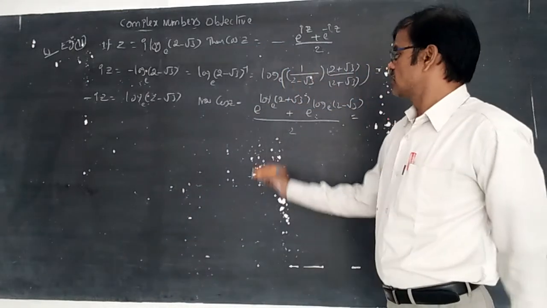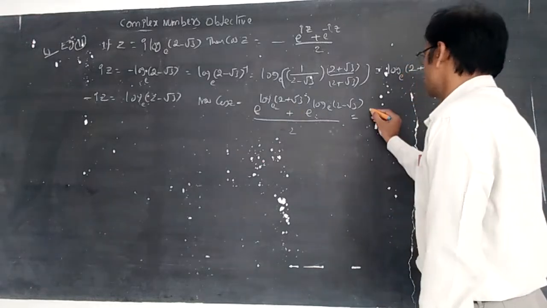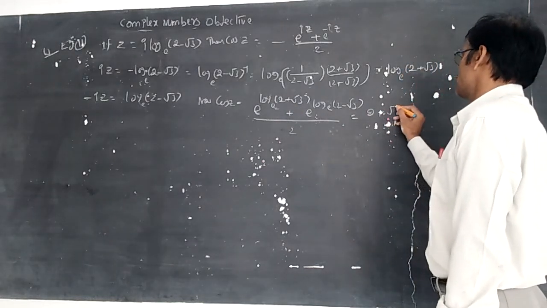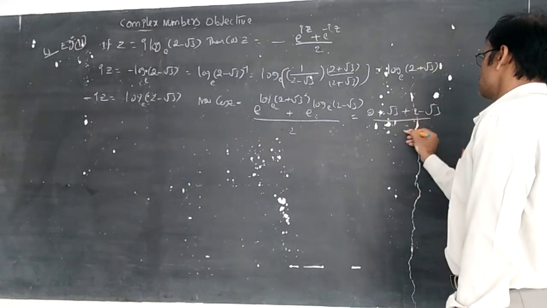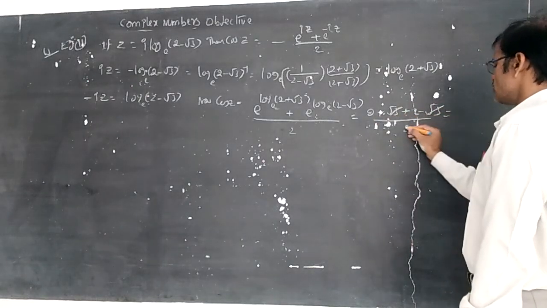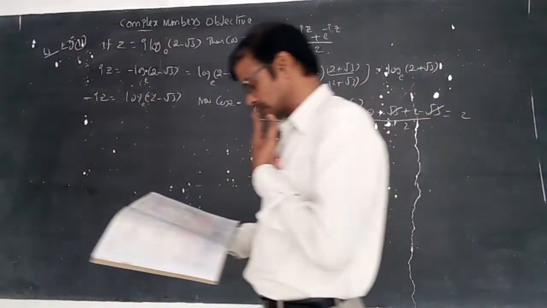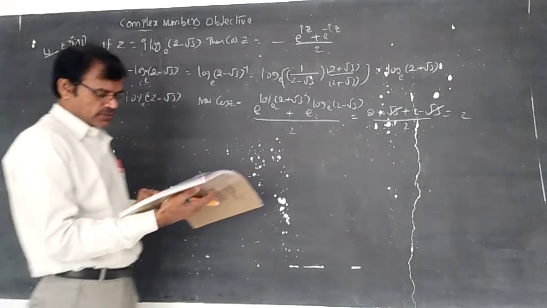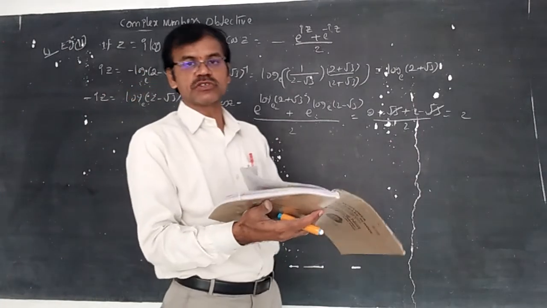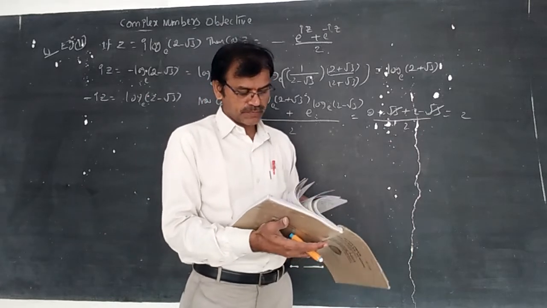You know that e power log x to the base e gets cancelled, simply x remains. So directly you can write 2 plus root 3 plus 2 minus root 3 whole by 2. Root 3 gets cancelled. This is the answer, 2. Nice question. Depending upon this one, a level 2 class 7th question is there.